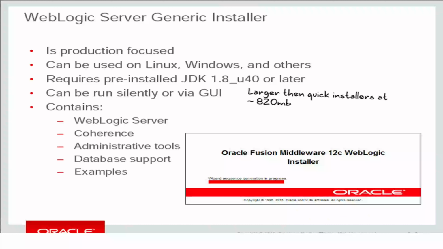It requires a pre-installed JDK, or if it is not pre-installed, we can install the JDK first, and then on top of the JDK we can install our WebLogic binaries. It can be run in silent or GUI mode. It contains the WebLogic server, coherence, administrative tools, database support files, and examples.